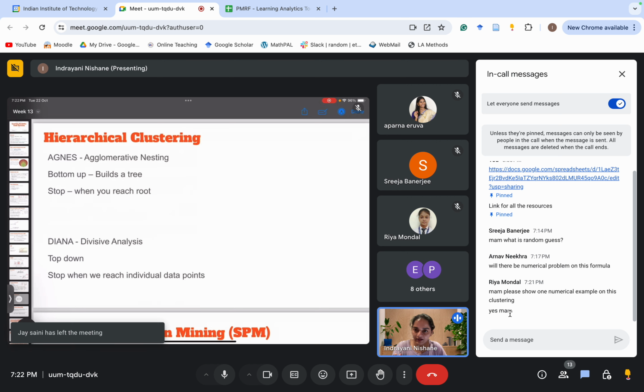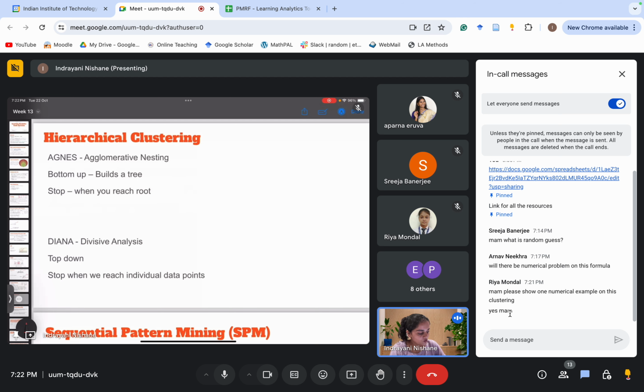There are two types of hierarchical clustering, which are the approaches for how we do the clustering: one is a bottom-up approach and one is a top-down approach. The bottom-up approach is AGNES, or agglomerative nesting, where initially each data point is considered as its own single cluster, and then based on the distance between the data points, those that are closest will be merged into one cluster.